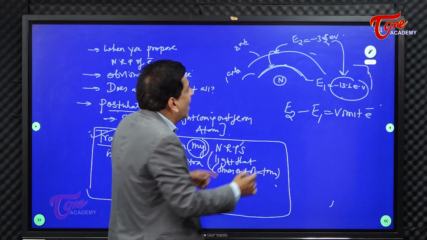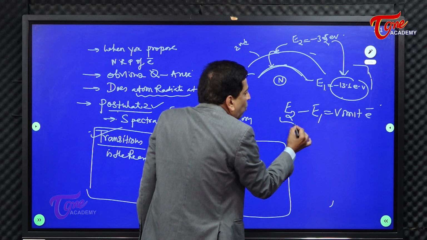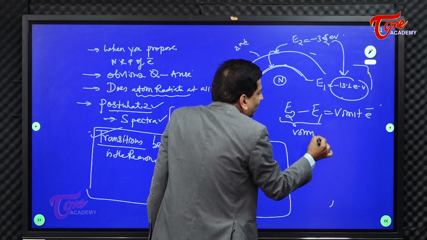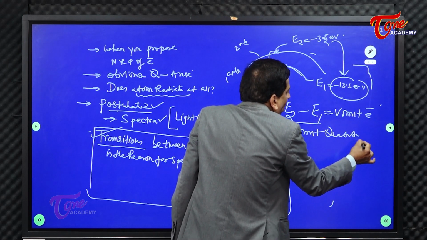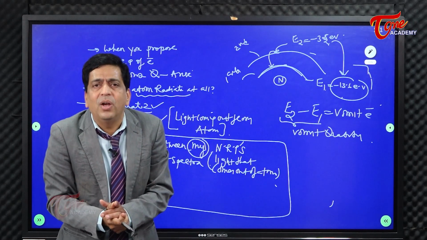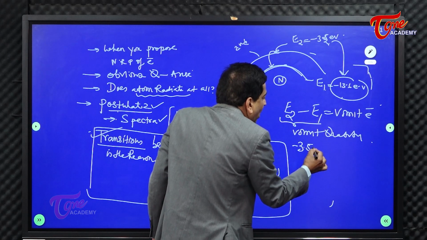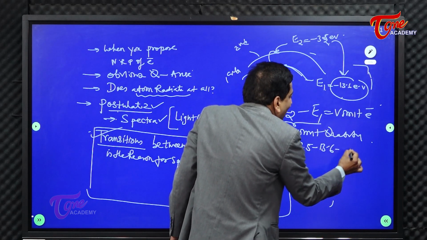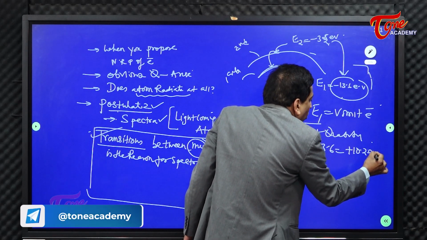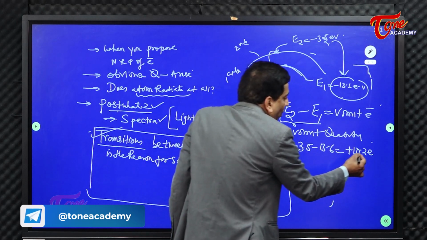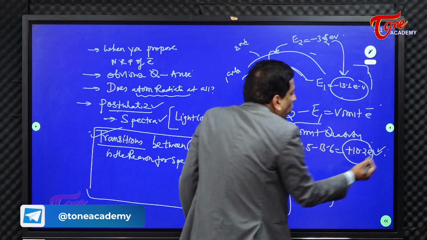So it is vomiting it, and this is the vomit quantity. How much you need to vomit? E2 minus E1. So what is E2 minus E1? Minus 3.5 minus 13.6 is plus 10.2 electron volts, approximately 10 electron volts is the vomit.